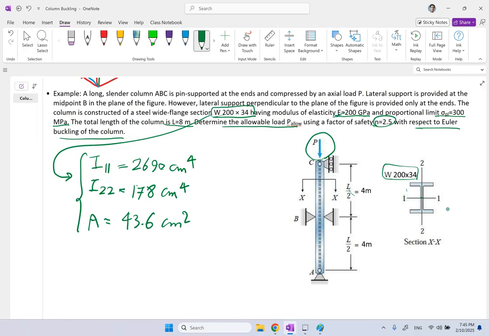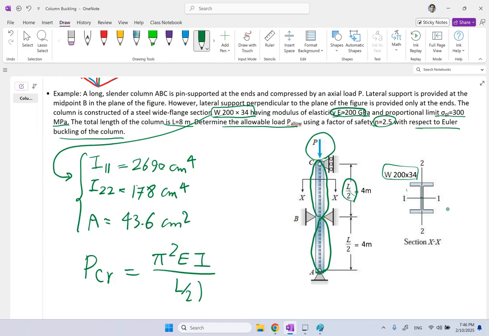I also have E. Now the question is, how much is the critical load in this case? The P critical, remember, is pi squared EI over L squared. Since you brought it down into two smaller parts by adding the support, the actual L you have to use is L over 2.